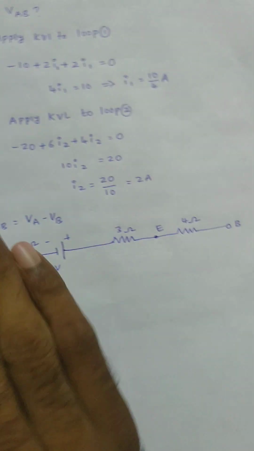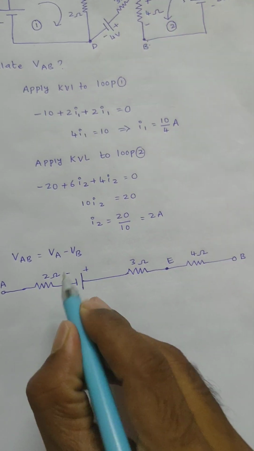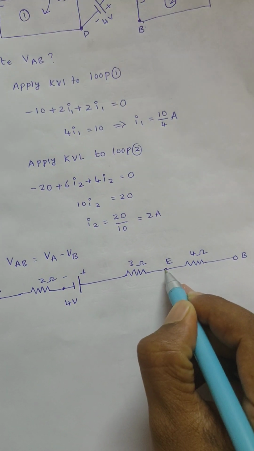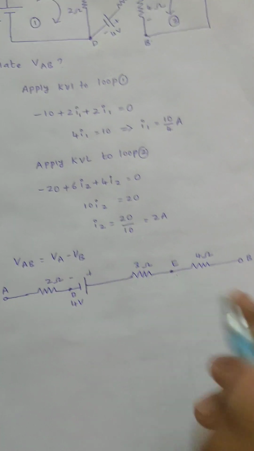I am drawing like this just for understanding purposes. But from this point to this point no current is flowing. You can remember that point: from D to E no current is flowing.